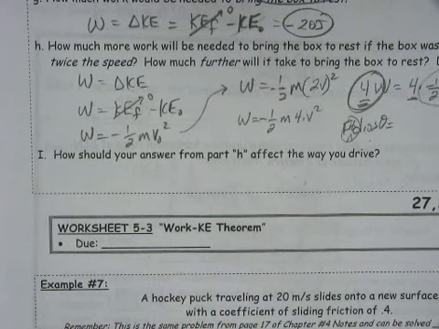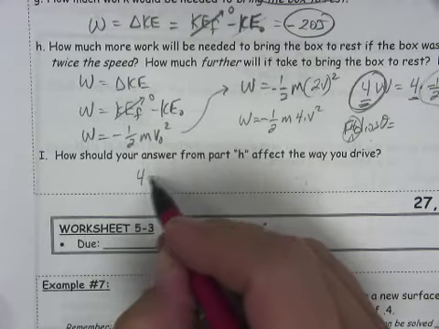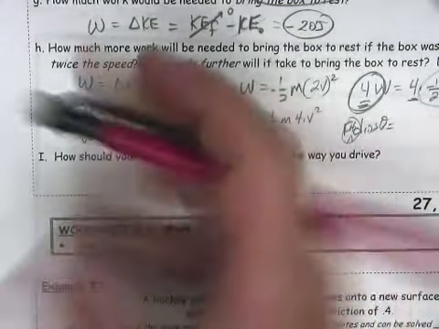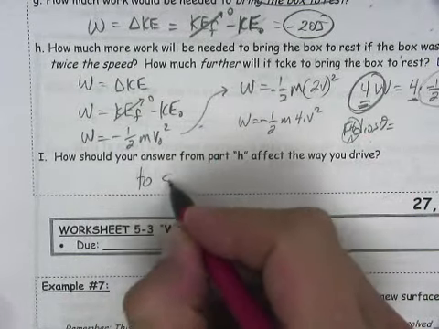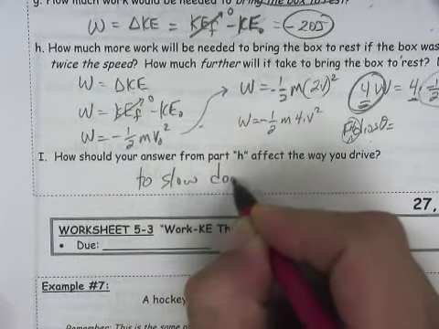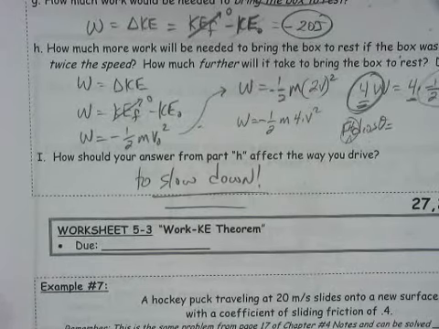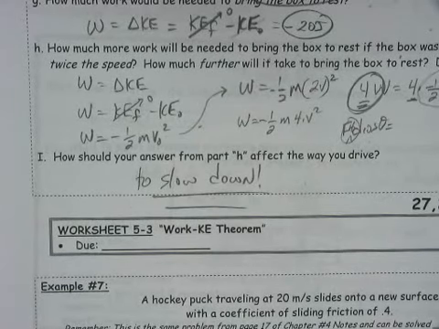So just a little increase in speed on the highway gives you a dramatic increase in the stopping distance of your car. Knowing that, it should hopefully cause you to slow down, because it's going to really affect your stopping distance.